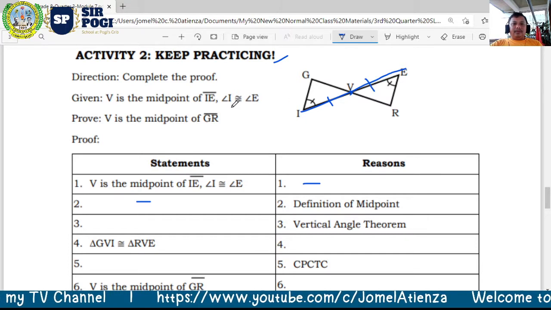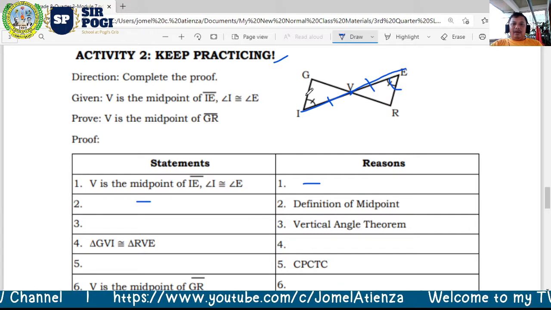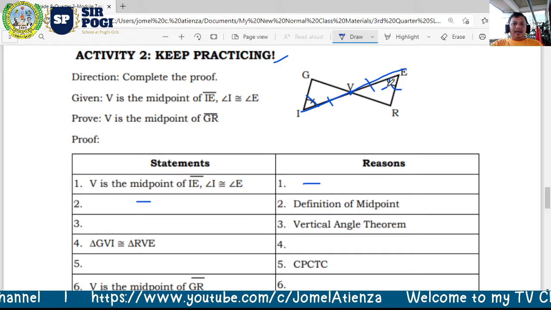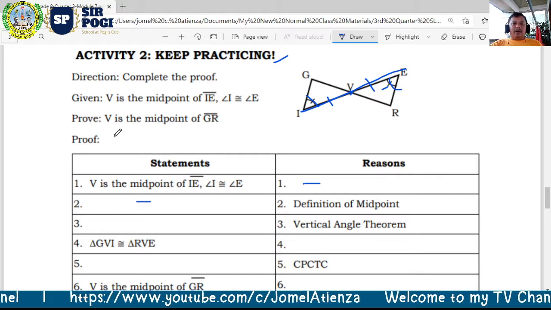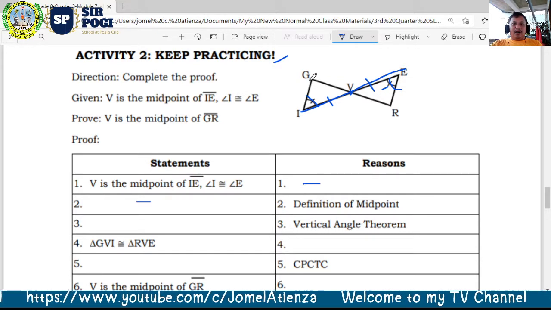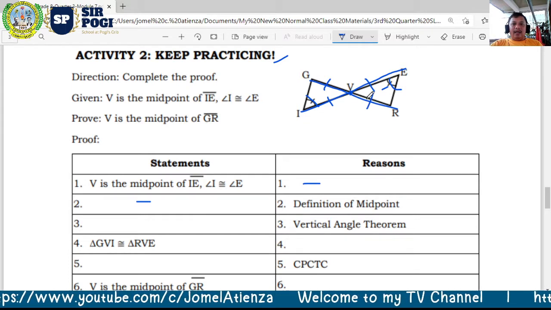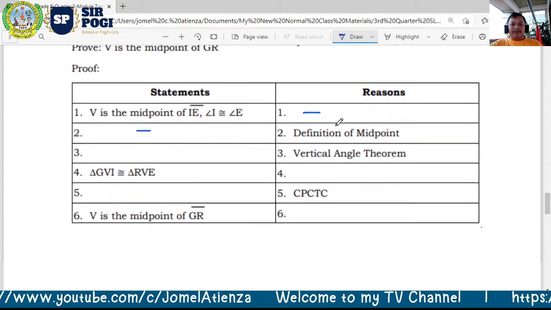And angle I is congruent to angle E. So, ito yung angle I, ito yung angle E. Then, you are going to prove that B is the midpoint of GR. So, masasabi dapat natin na ito ay equal din. Okay?